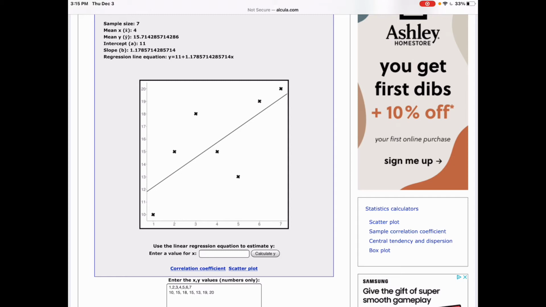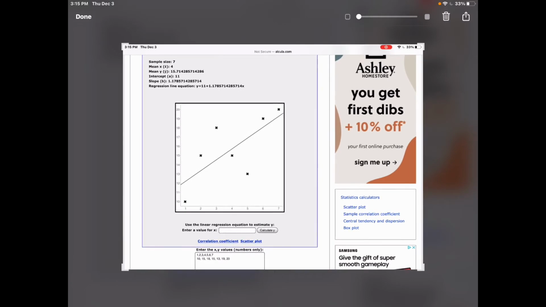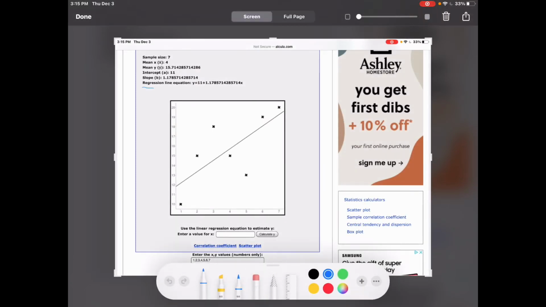So what this has done for us is they have actually written an equation for us where it says regression line equation. And here, I can probably write on it a bit. Regression line equation, y equals 11 plus 1.17 lots of decimal x.